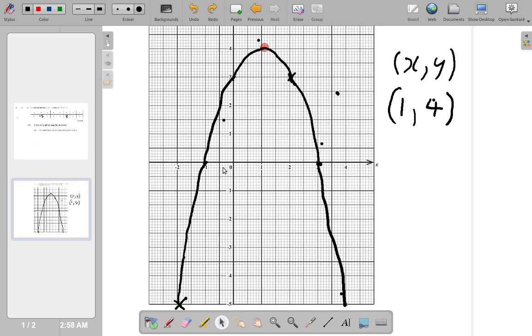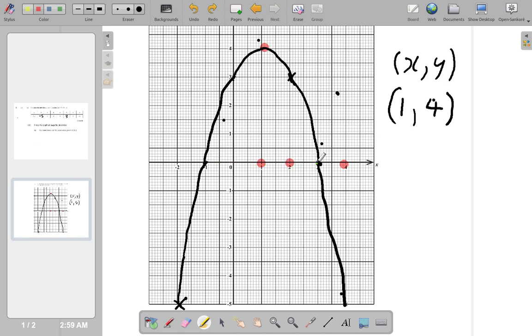Remember, for every point here on the x-axis, f of x is 0. For example, at this point, x is 4, f of x is 0. At this point, x is 2, f of x is 0, because it's right beside 0. At this point, x is 1, f of x is 0.